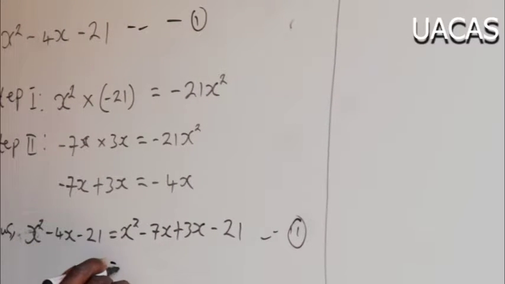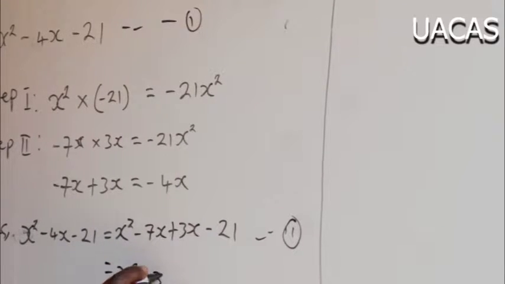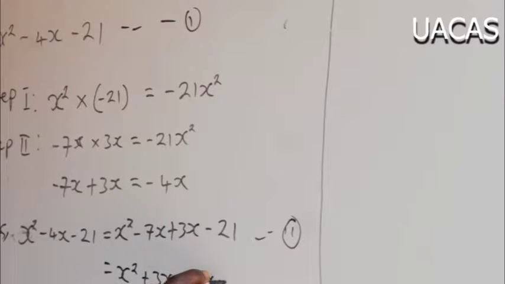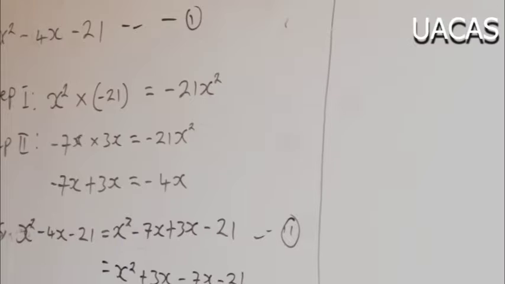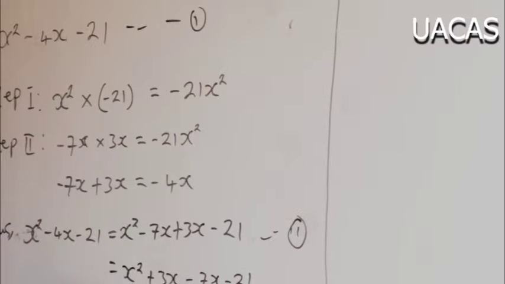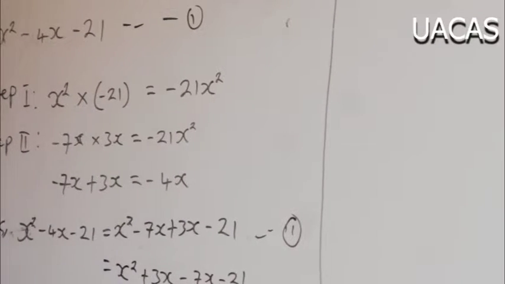So I'll put it like this: x squared plus 3x minus 7x minus 21. Right? Now this is the same thing as x into the bracket of x plus 3.